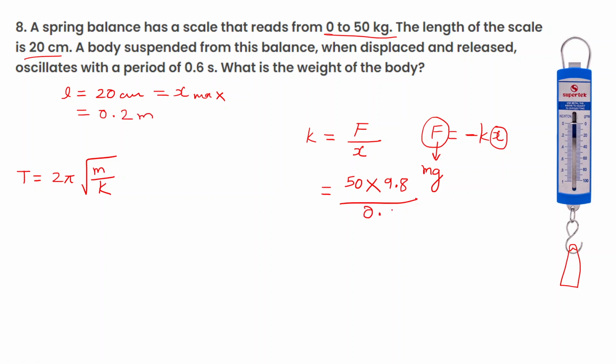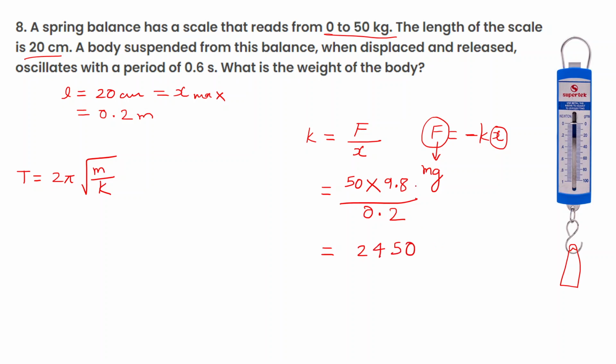So division will be with 0.2 meters, and the answer will be, let me calculate this, 50 times 9.8 divided by 0.2 is 2450.